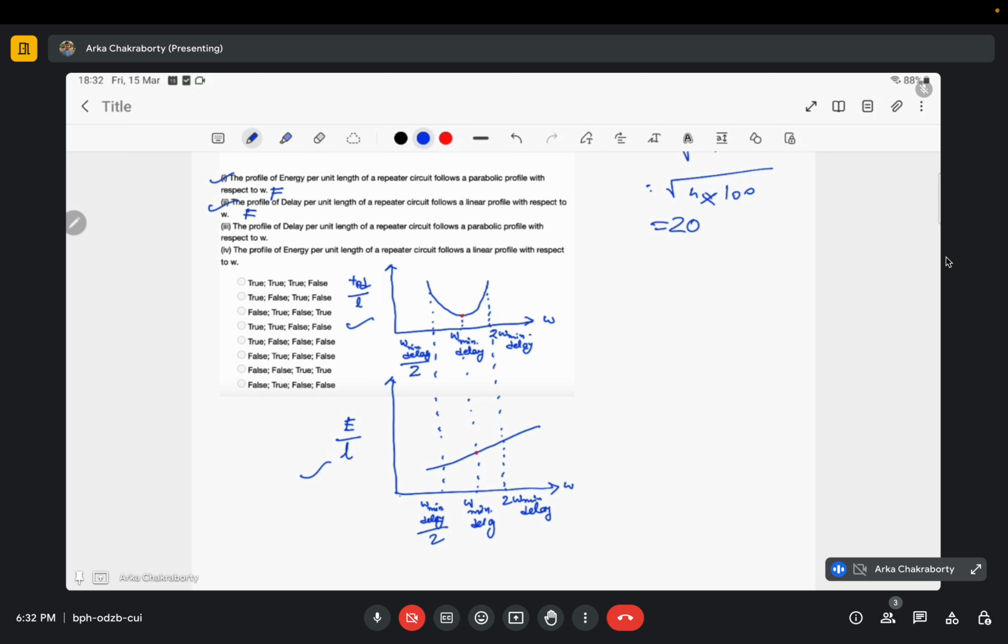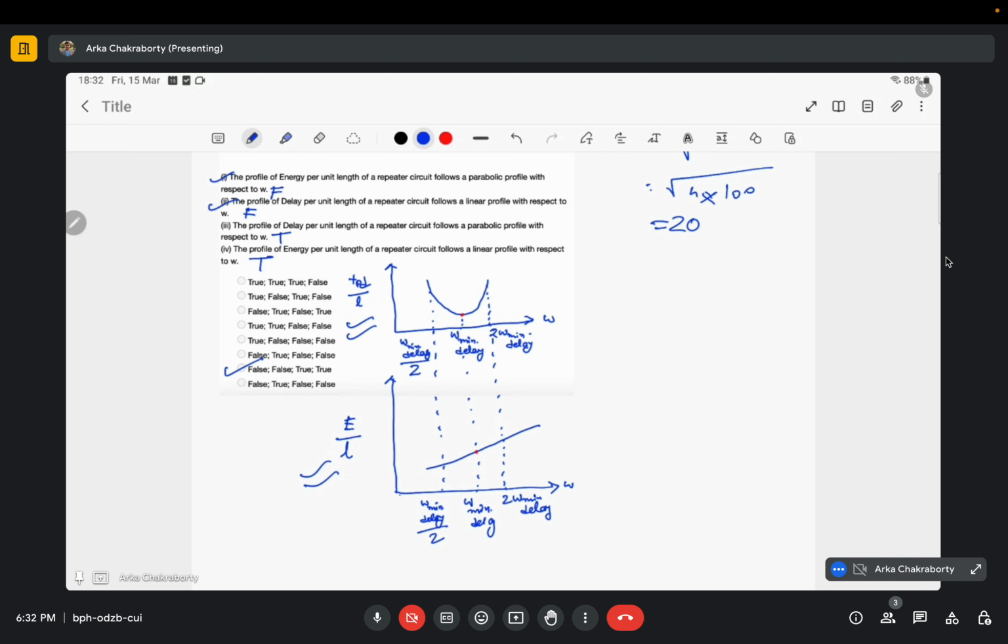The third statement is the profile of delay per unit length follows a parabolic profile with respect to W, and it's correct, so true. The fourth one is the profile of energy per unit length follows a linear profile with respect to W, and it does, so it is true. So the correct sequence is false, false, true, true. This is the answer.